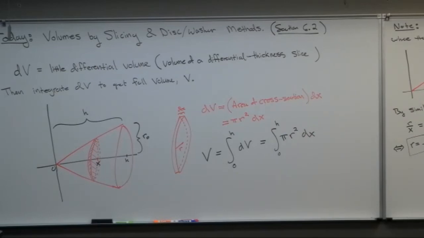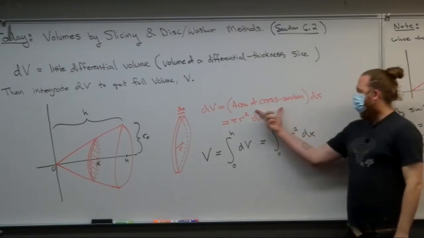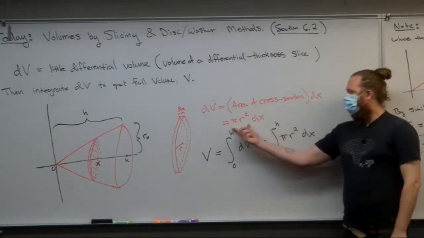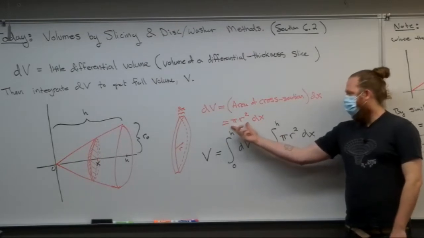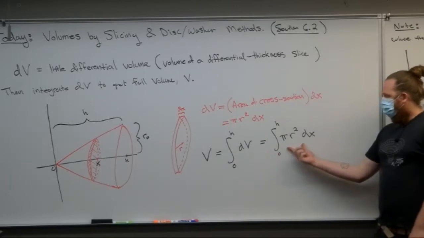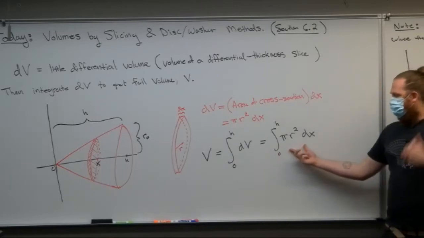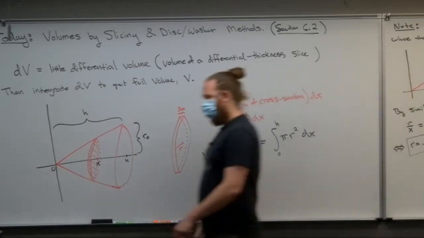The area of the cross section is not 2 pi r, it's pi r squared. Please make that correction here and here. I'll pan you back over to make the corrections on the other side.